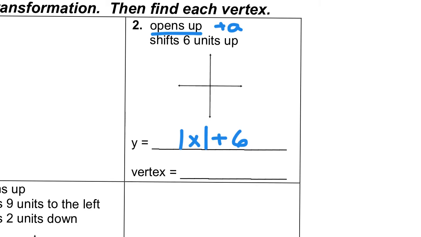If it shifts 6 up, it's going to be plus 6. So in this case, we'll go up 6. And since it's a positive a, it will open up. So the vertex is at the point (0, 6). Since it opens up, it will be a minimum value.